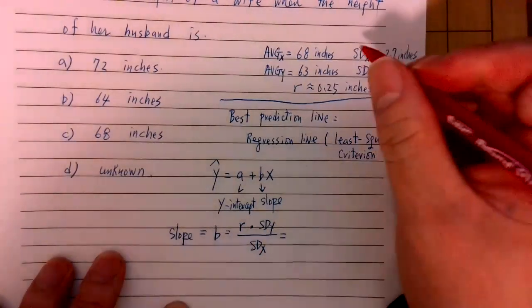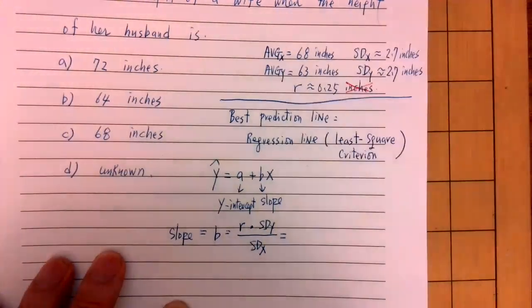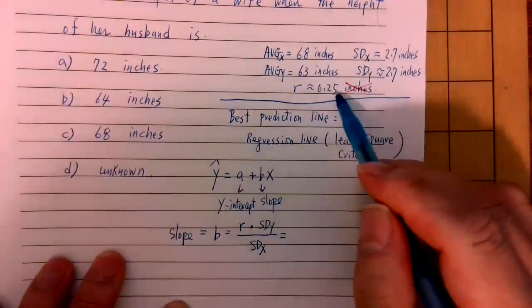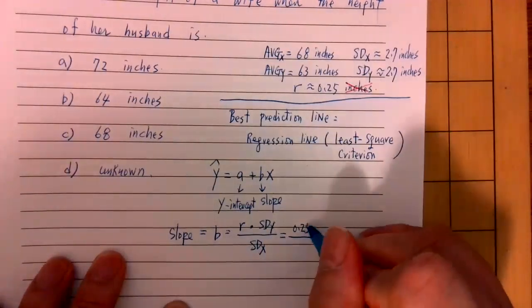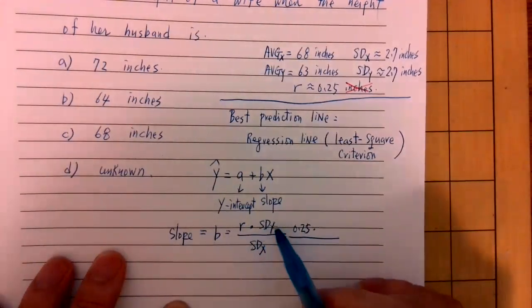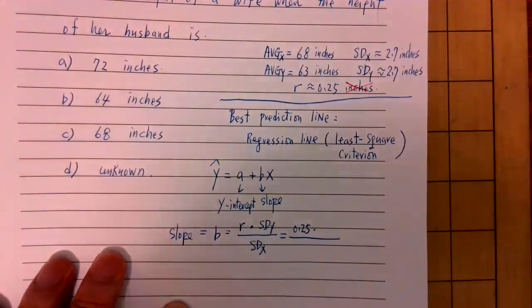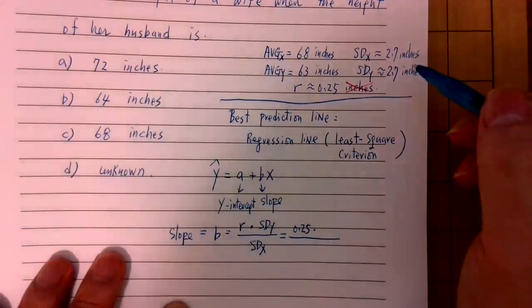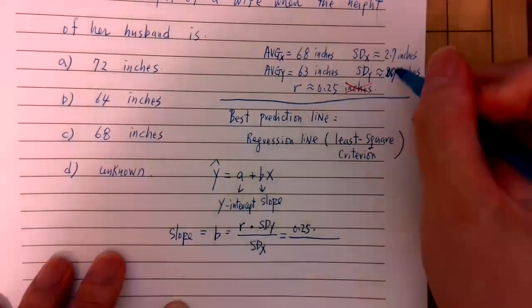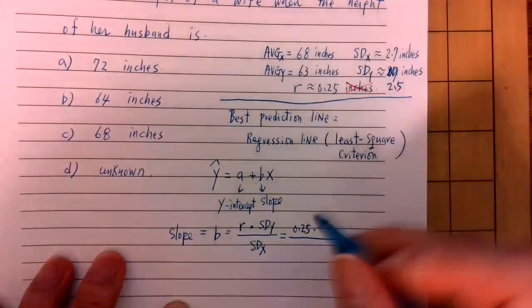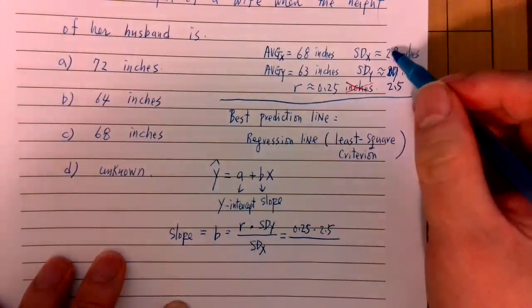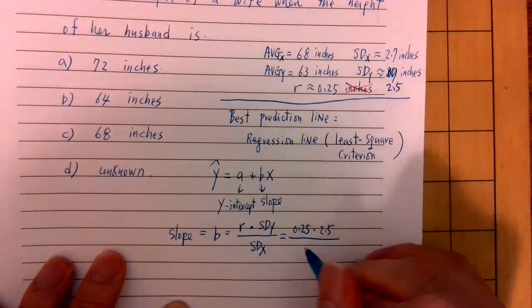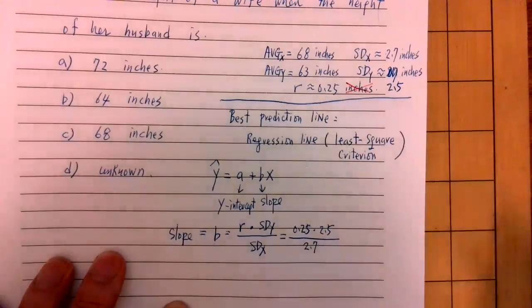This is wrong, okay? No units. R is 0.25 times standard deviation y, which is 2.5 inches, over standard deviation x, which is 2.7 inches.